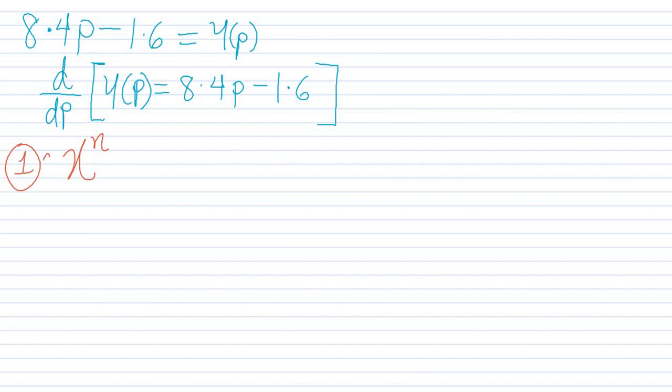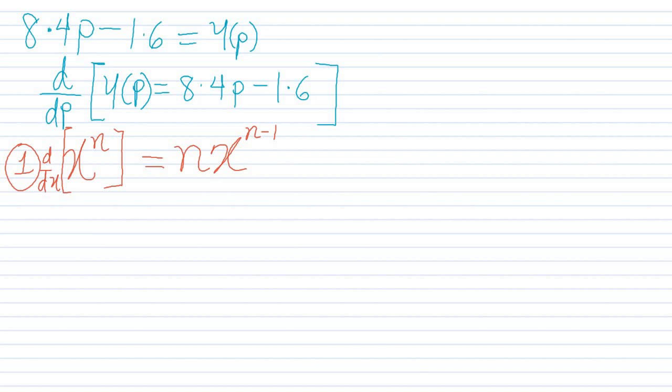When you differentiate it with respect to x, the n is going to come down and become the coefficient of x, and then the power n, which is the exponent, is going to be decreased by 1. So it will end up becoming n minus 1. So anytime you differentiate, you get the power coming down and becoming the coefficient of what you're differentiating, and then that same power is decreased by 1. So that is it.